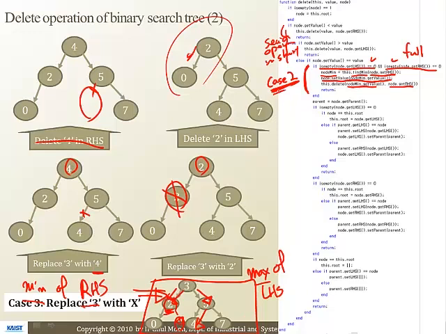And then the next thing we want to do is case 1 and case 0, right? So this is case 1, where the left-hand side exists and the right-hand side doesn't exist.